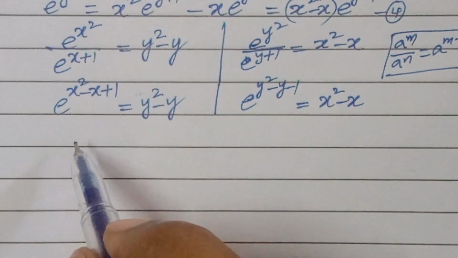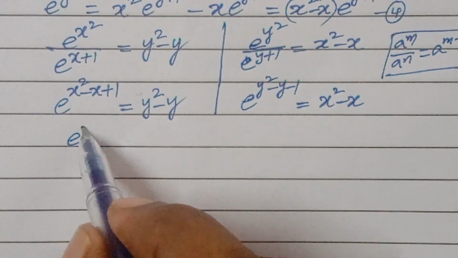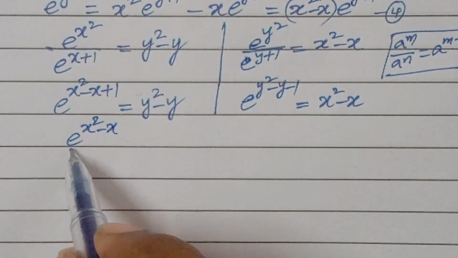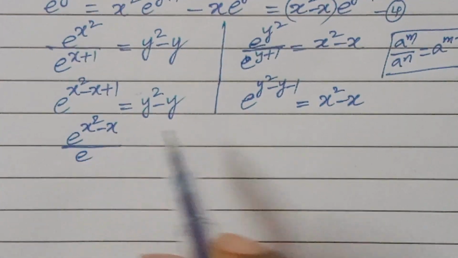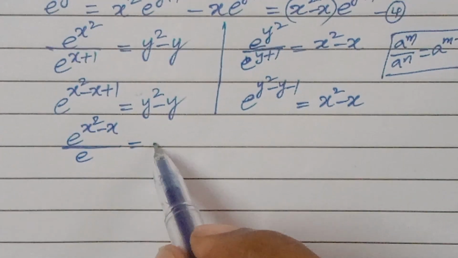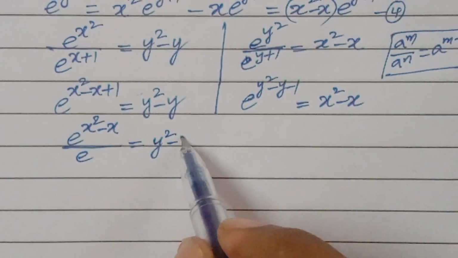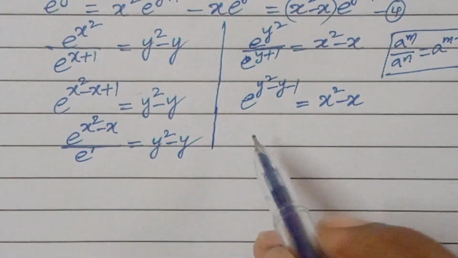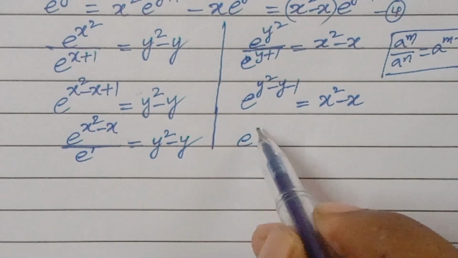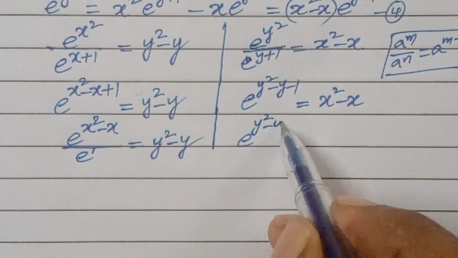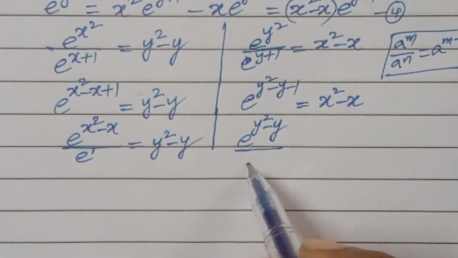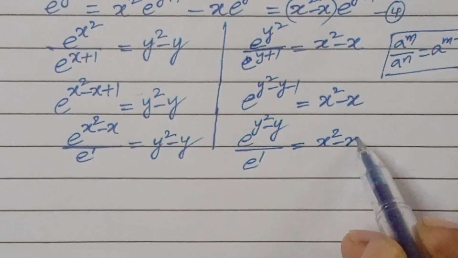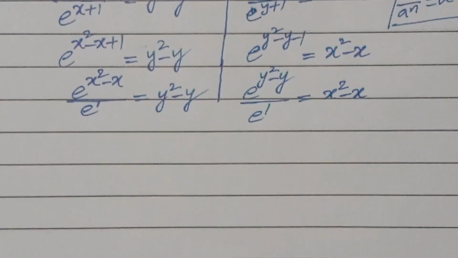Here I am doing some adjustment. E to the power of x square minus x divided by e is equal to y square minus y, e power 1. On this side also I am doing some adjustment. E to the power of y square minus y divided by e power 1 is equal to x square minus x.